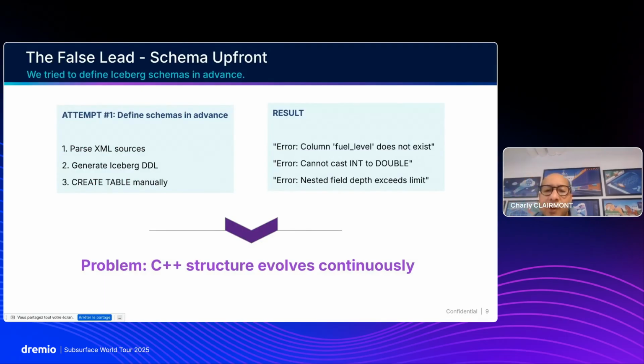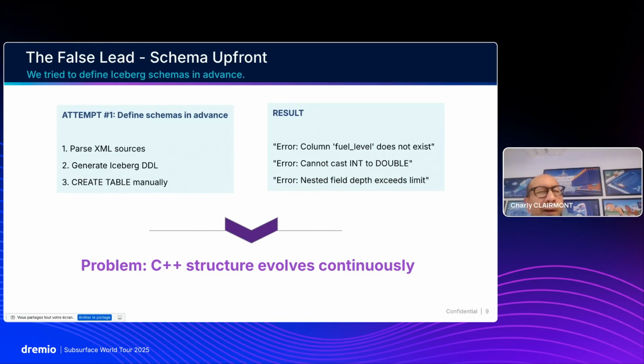Okay, because we have the data in XML, our first approach was to create the tables manually, but it was not a very good idea because we have so much data and the schema of the data was changing.